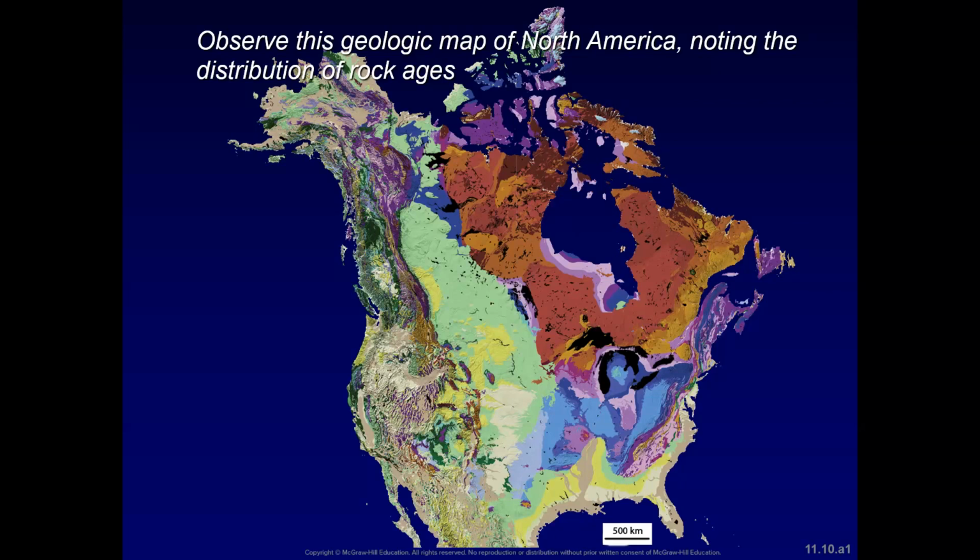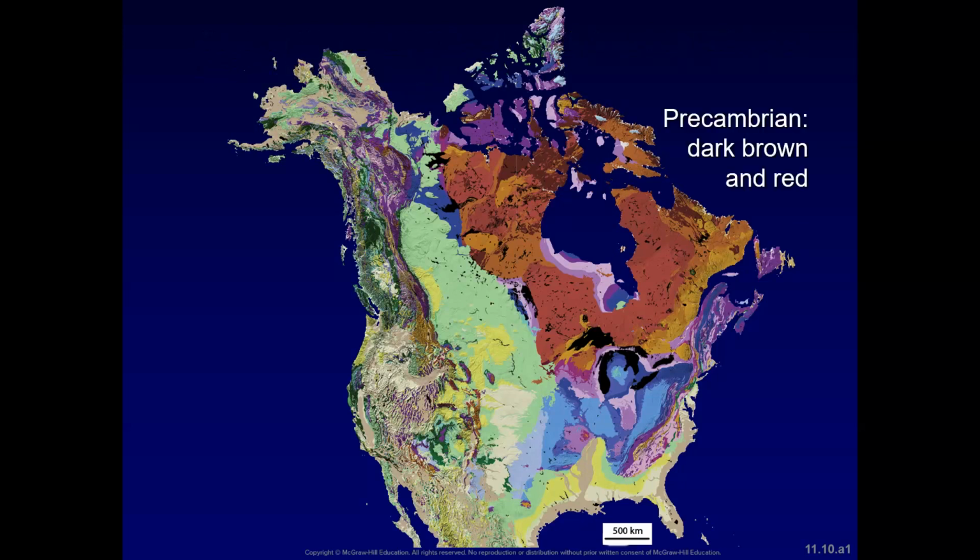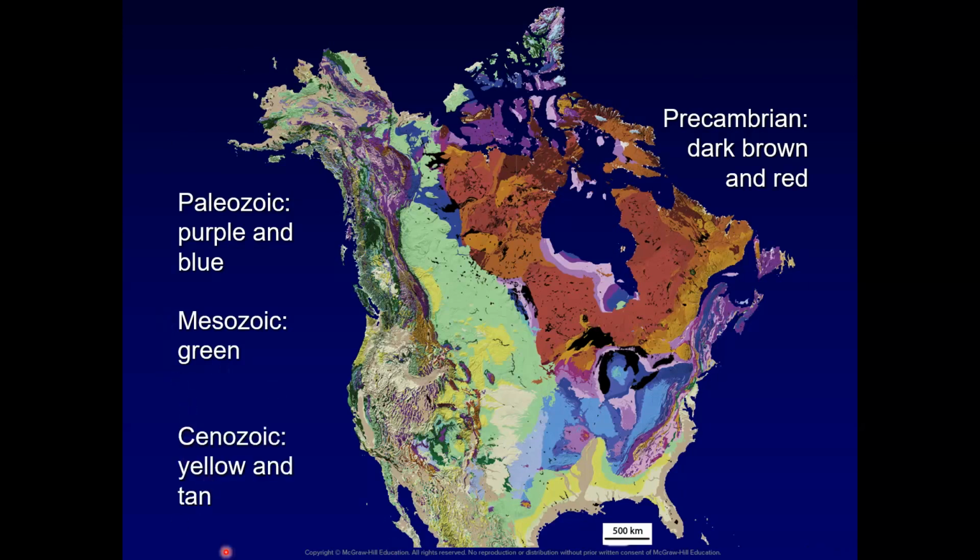The Southwest and Southern Rockies were added to the southern edge of North America between 1.9 and 1.6 billion years ago. Should probably be highlighting this. So Precambrian, dark brown, red. Paleozoic, purple and blue. Mesozoic, green. Cenozoic, youngest, yellow and tan. Okay.